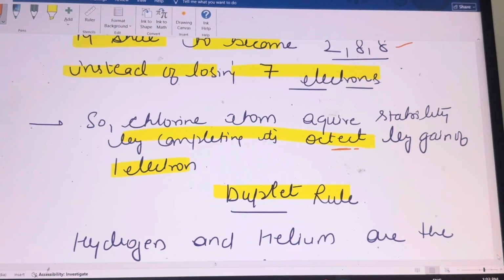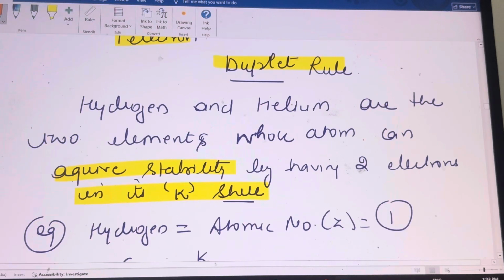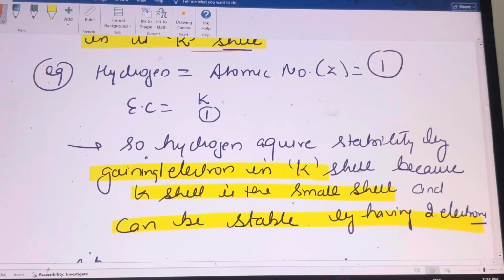And what is the duplet rule, students? Helium and hydrogen are the 2 elements whose atoms can acquire stability by having 2 electrons in the K shell. In the example of hydrogen, hydrogen has atomic number 1, so its electronic configuration is 1, meaning the K shell has 1 electron.